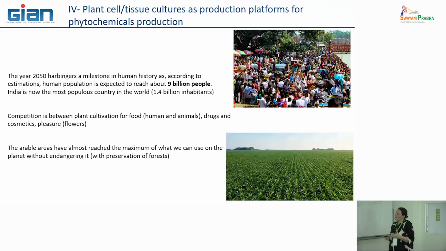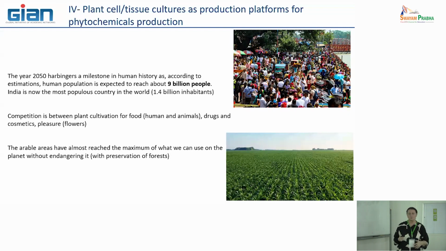So the question of arable areas is of great importance, because we have almost reached the maximum surface we can use on our planet without endangering the forests. But the problem is that the preservation of the forest is not for each country the first priority. So it could be a problem for the future.